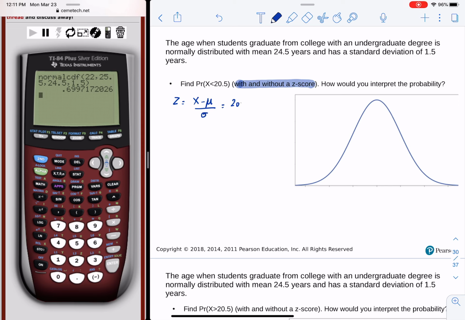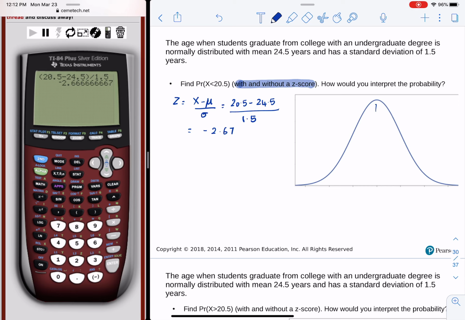So we have 20.5 minus 24.5 divided by 1.5, and we get negative 2.67.